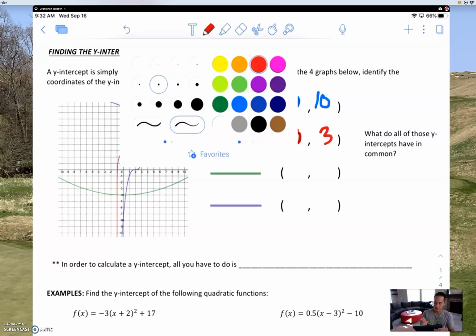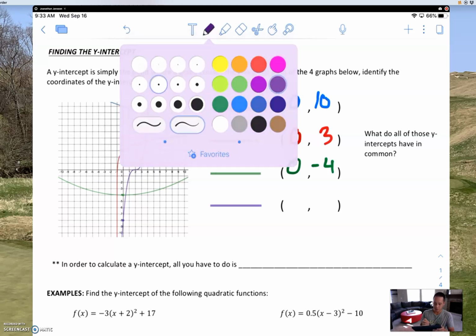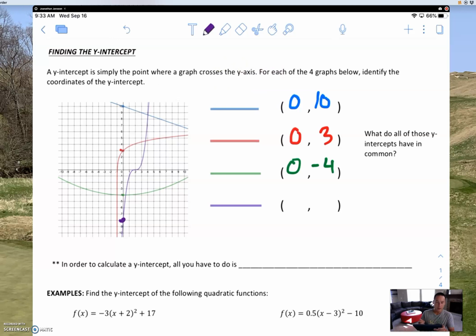The green graph has a dot at (0, -4). And the purple graph down on the bottom has an ugly Y-intercept at (0, -8). So if you look at all of those Y-intercepts, what do they have in common?